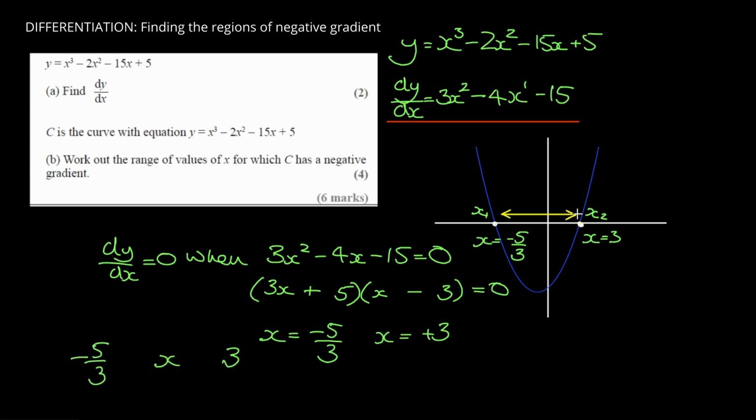So to exclude the goalpost of x equals 3, we must write less than 3 and not less than or equal to 3. And equally here, to exclude the x is equal to negative 5 over 3 goalpost, another less than sign, not less than or equal to. So finishing off, the gradient of the curve is negative when this inequality applies. And that is your answer.